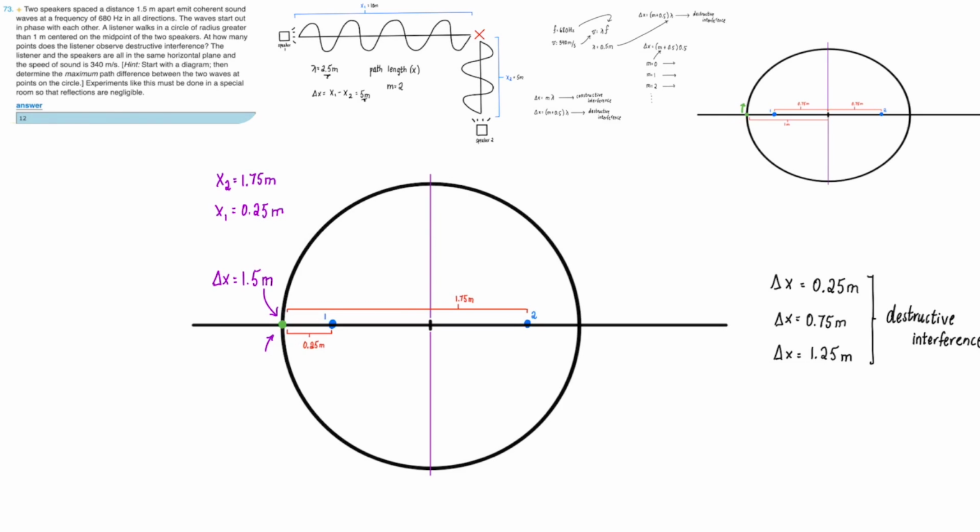Now if the listener were to be at this gray point up here, he would be equidistant from both speakers 1 and 2. So in other words, the distance that the sound would have to travel from speaker 1 to the listener at the gray point would be equal to the distance the sound has to travel from speaker 2 to the gray point.